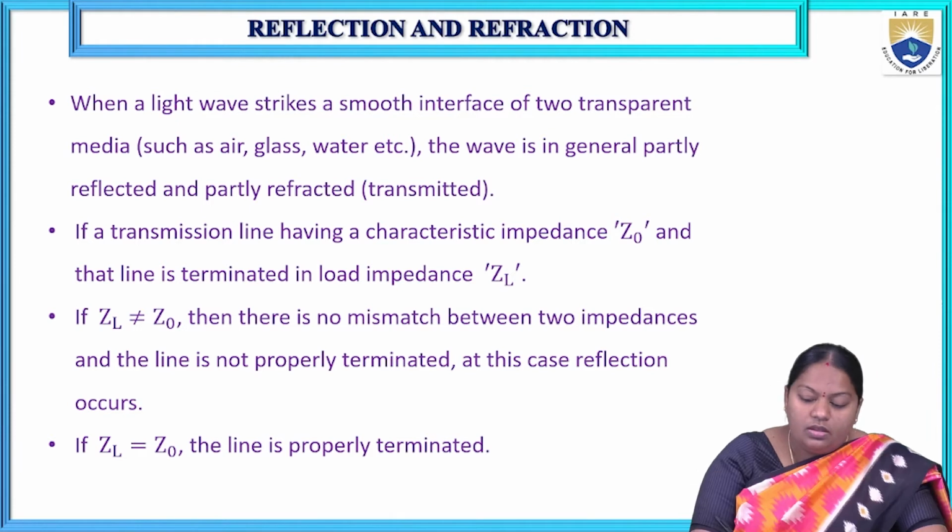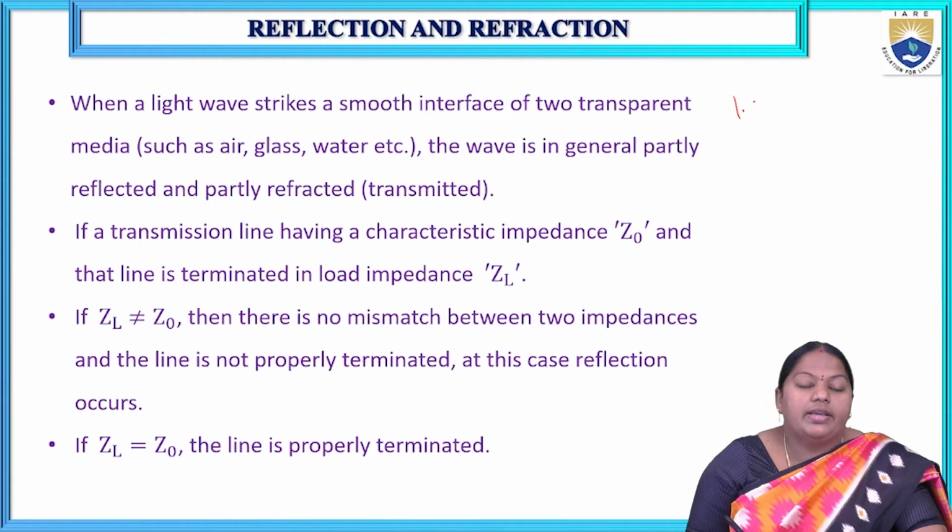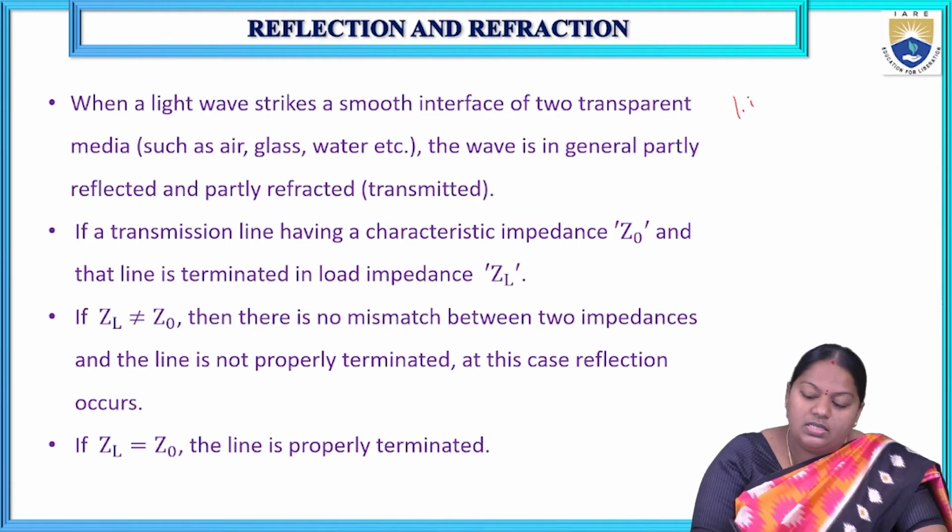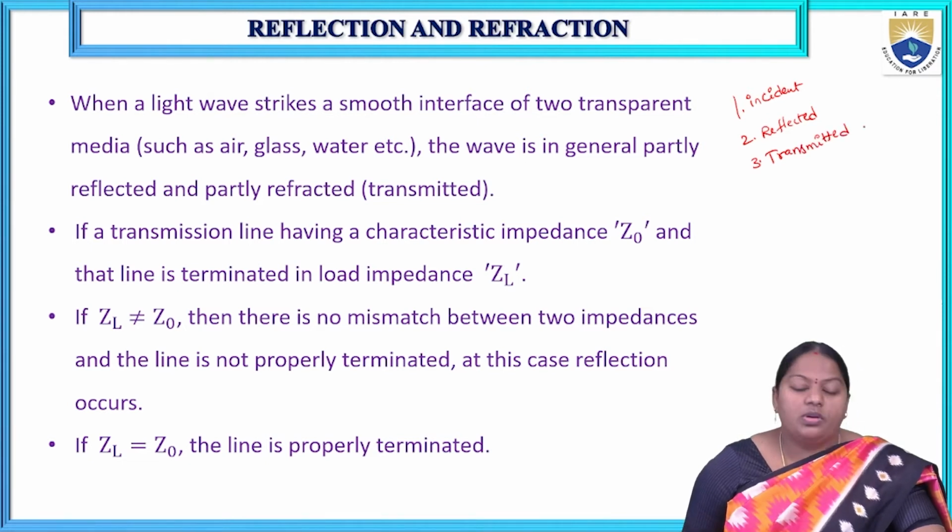So reflection and refraction. Generally, in order to analyze the reflection and refraction of uniform plane waves, there are three types of waves: one is the incident wave, second is the reflected wave, and third is the transmitted wave. Depending upon these three waves, we study reflection and refraction of uniform plane waves.